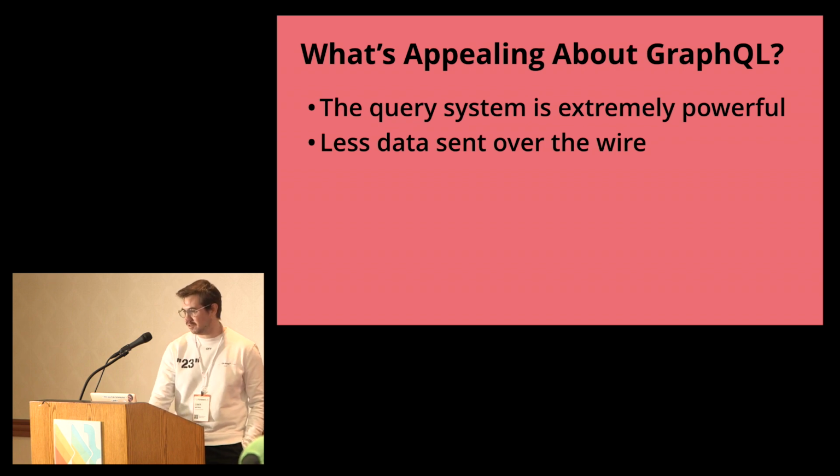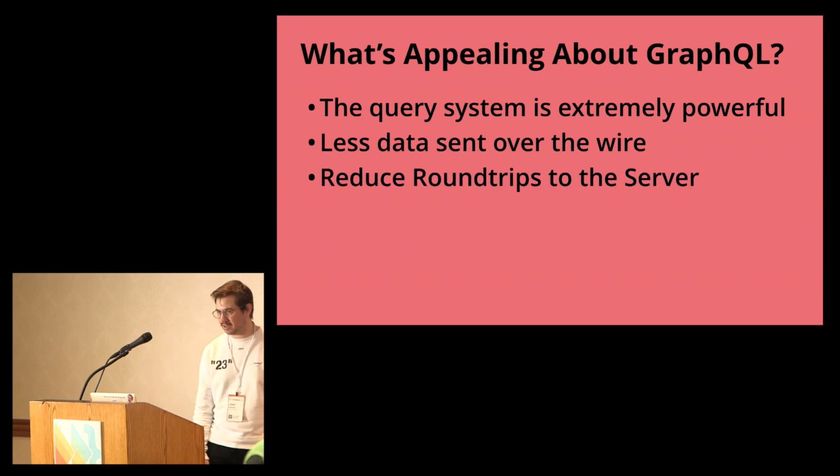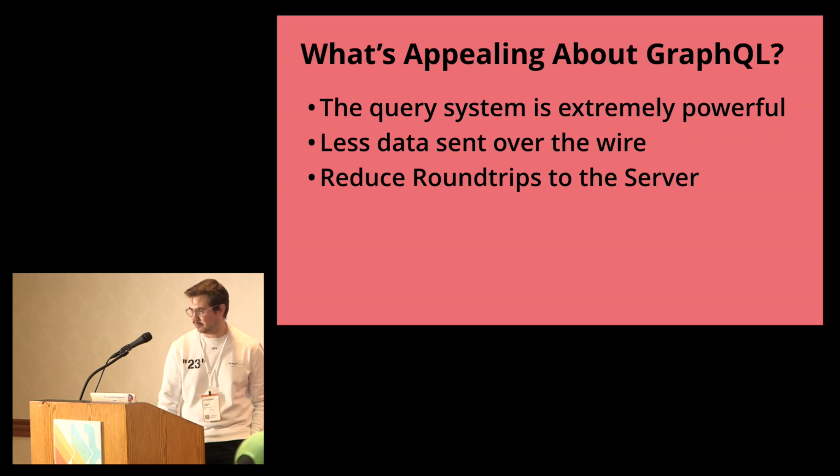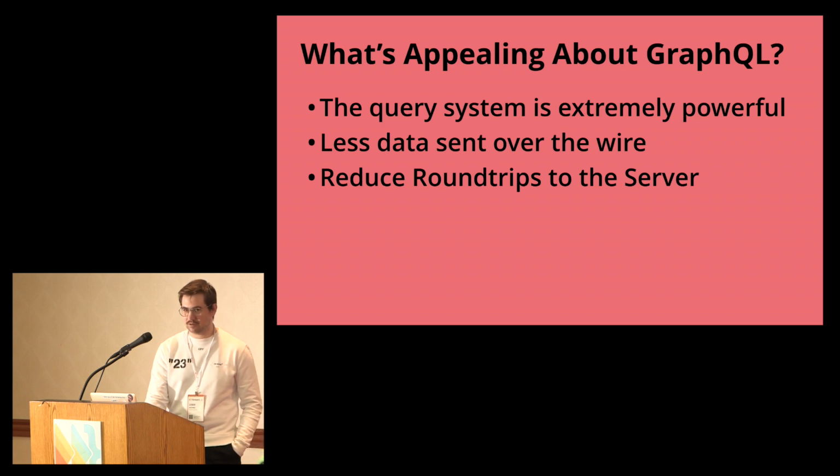And reducing round trips to the server, again, this matters a lot in a high latency environment. A lot of us are used to very high speed internet, so it really doesn't matter if the app makes 40 requests. But in other places, it's not necessarily like that. So making one request might be better.